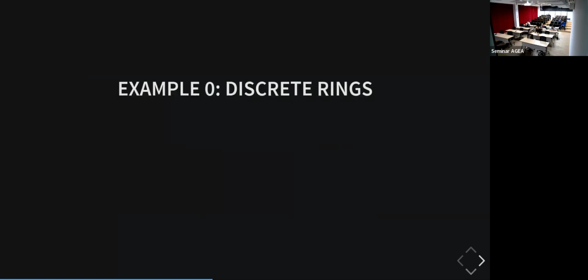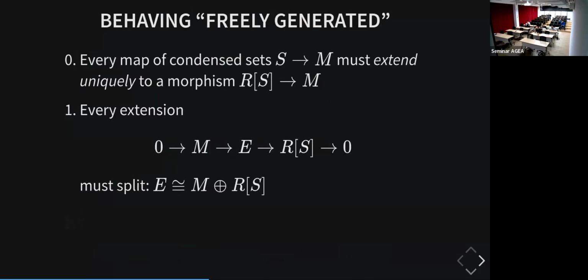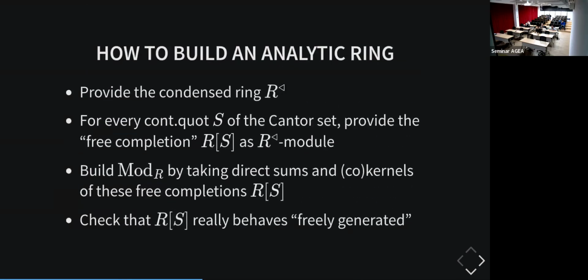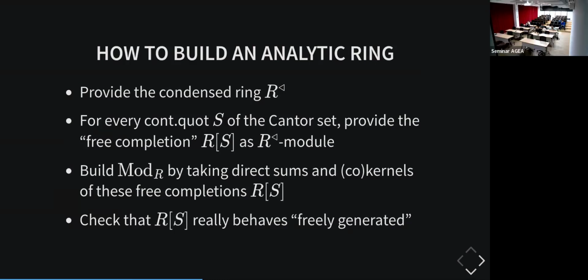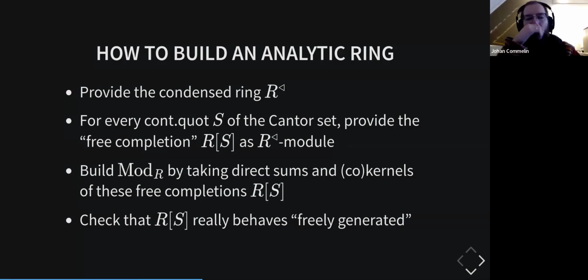So maybe can I ask about the previous slide, with the free things? This one? Yeah. Because before you said that R triangle also has to be in this mod R inside, right? But then if you take the free thing on one generator, it's not R triangle, it's different, or? Okay, so I guess I missed maybe one condition.